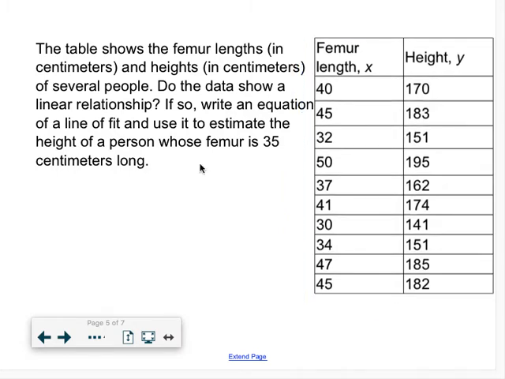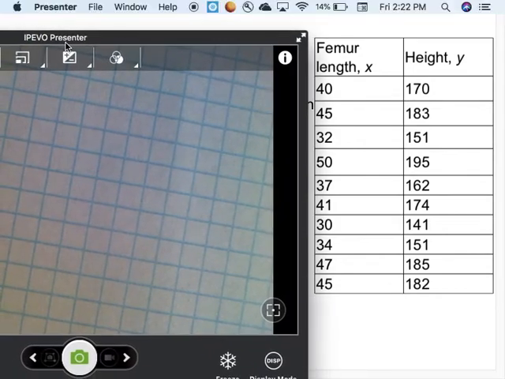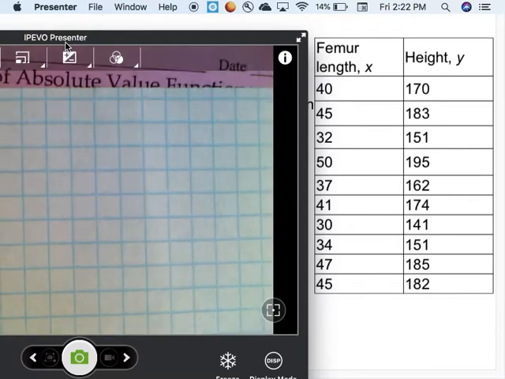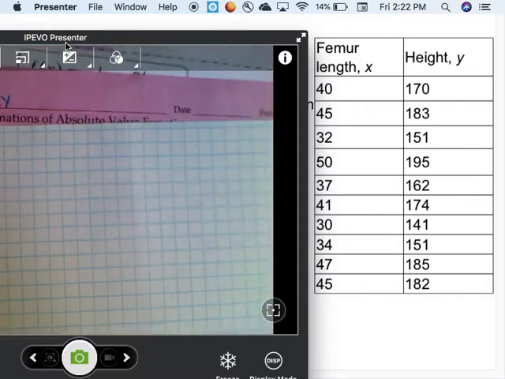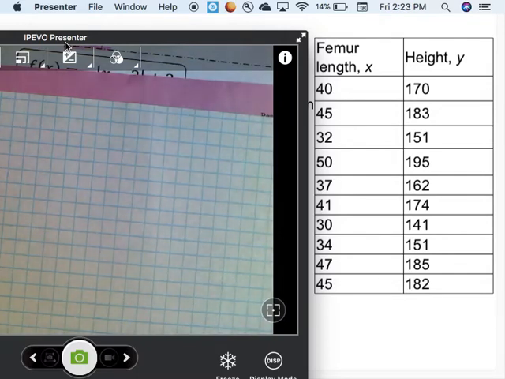Okay, so we may or may not get done with the full example here, but you have a piece of graph paper. Okay, get that graph paper out. And if we were asked to see if this data is linear, you can use a side of your notebook or a binder as your straight edge for me.